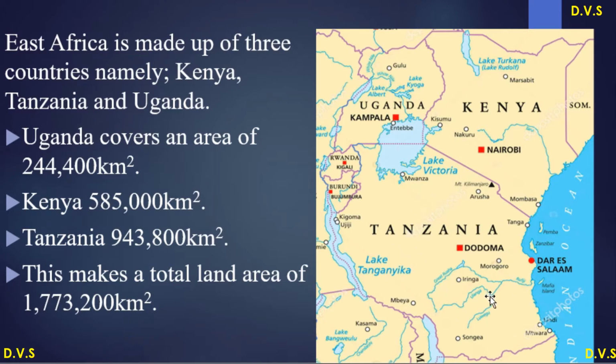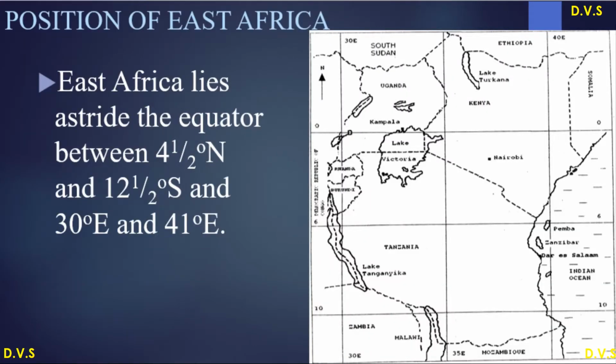This is the coverage of the countries by size, and these three countries make up a total of 1,773,200 kilometers squared of landmass.